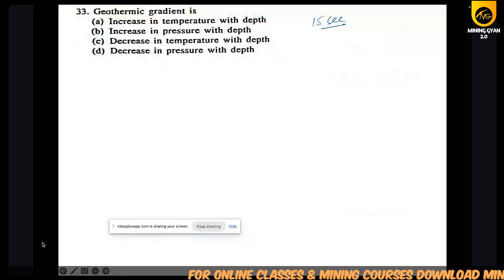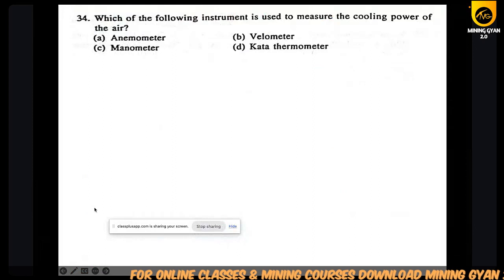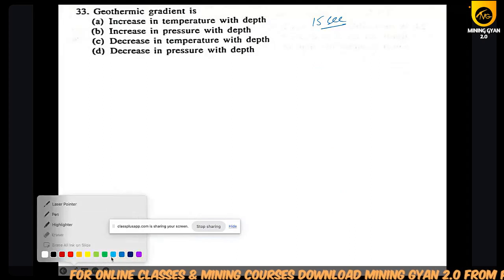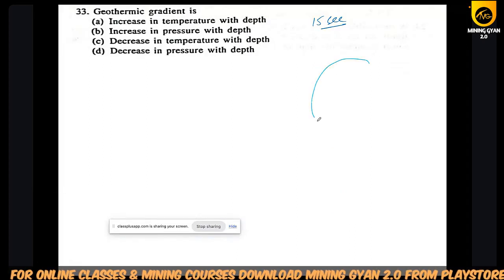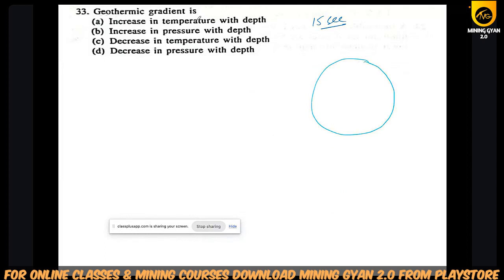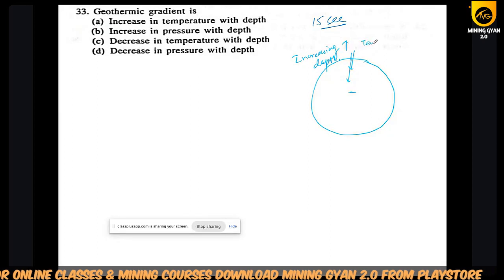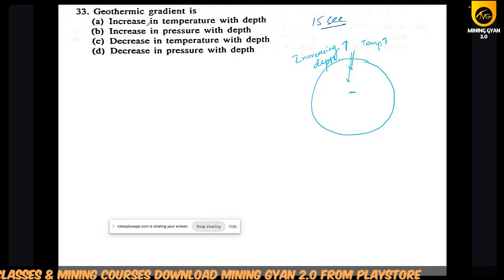Geothermal gradient, I think I told you when I was teaching in class 1: if you go from top to bottom, toward the center of the earth, with increasing depth, the temperature will also increase. So it is the increase in temperature with depth.